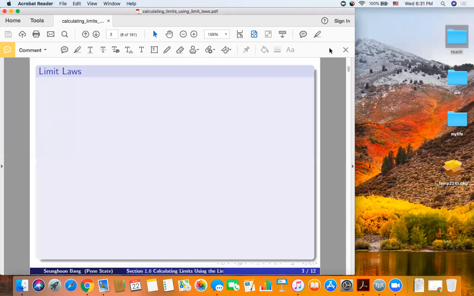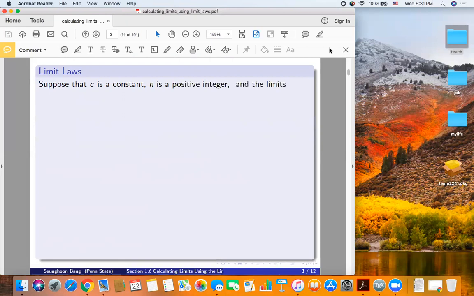The limit laws. Suppose that c is a constant, n is a positive integer, and the limit of f of x as x approaches a, and the limit of g of x as x approaches a exist.